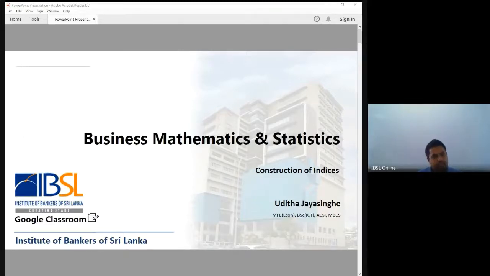If I just quickly recap where we stopped last week and the week before, we discussed regression analysis extensively. We covered theoretical areas such as simple linear regression and multiple regression. We discussed R square, the coefficient of determination, the limitations of R square, and what to expect from R square. In simple linear regression, we discussed the construction of the y equals alpha plus beta x plus error equation.